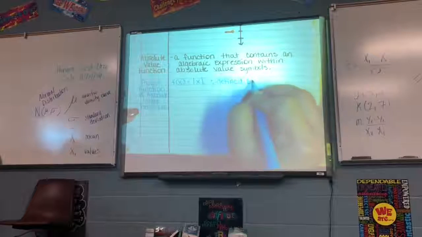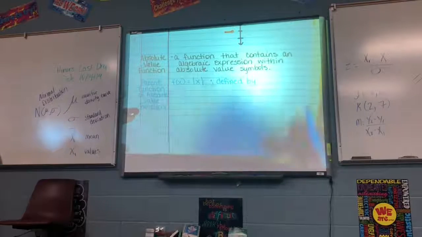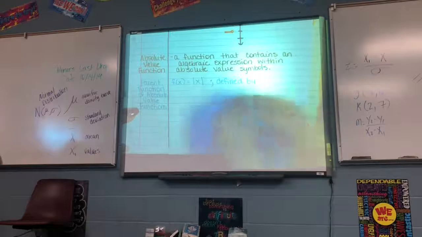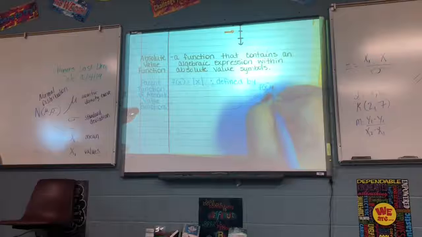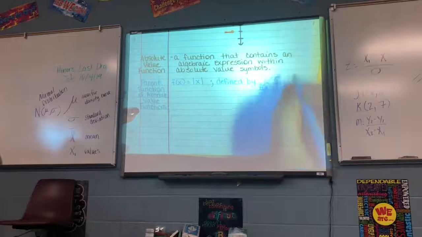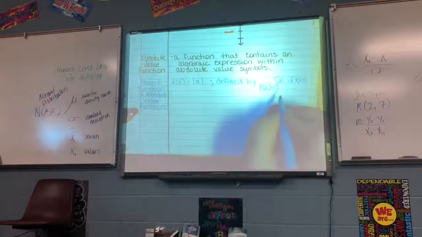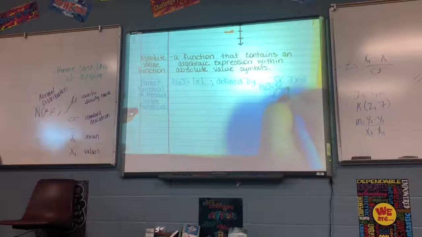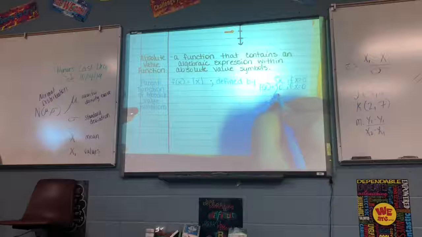So this statement says that f of x is equal to x if x is greater than 0, 0 if x is equal to 0, and negative x if x is less than 0.